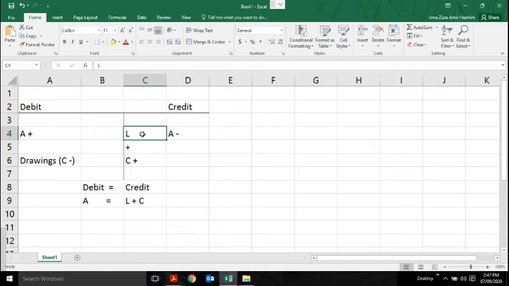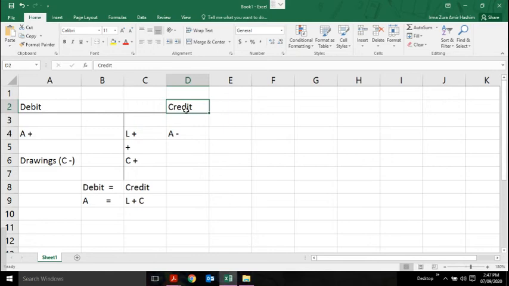Therefore, if you owe another party, when your liabilities increase or your loan increases, you should record it on the credit side. Let's say Diane has a mortgage loan from bank ABC.